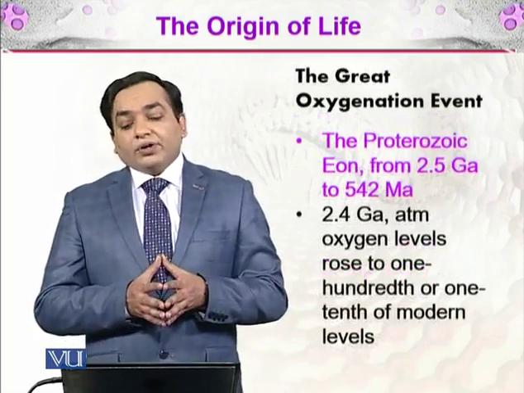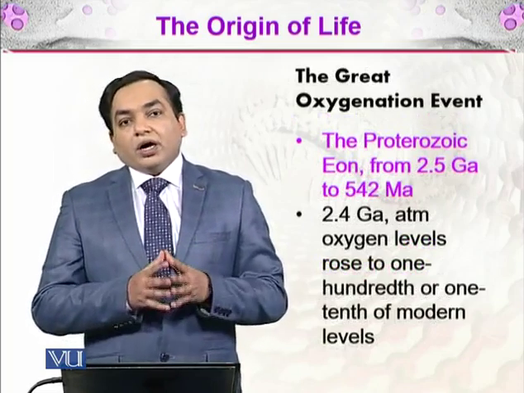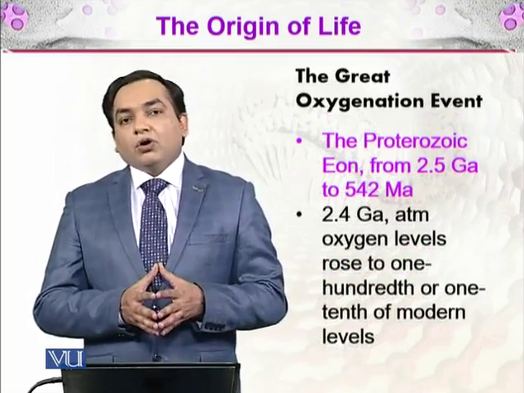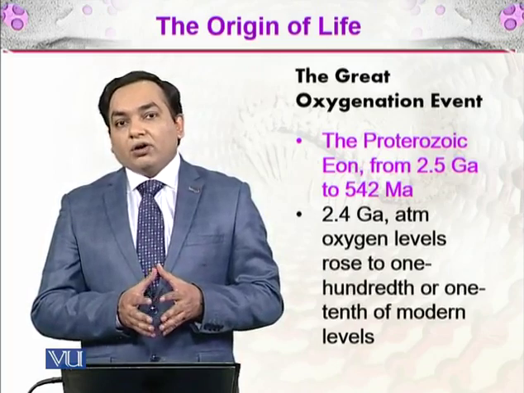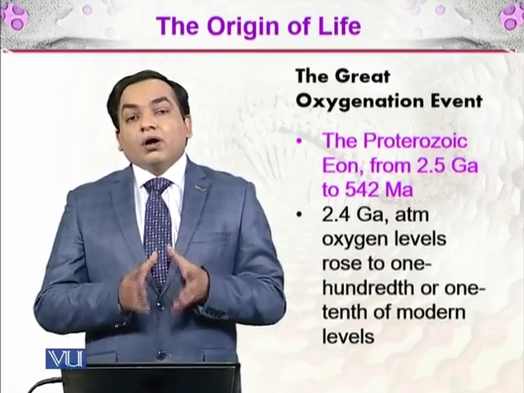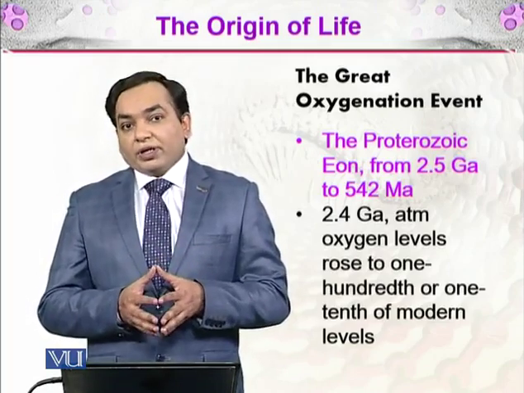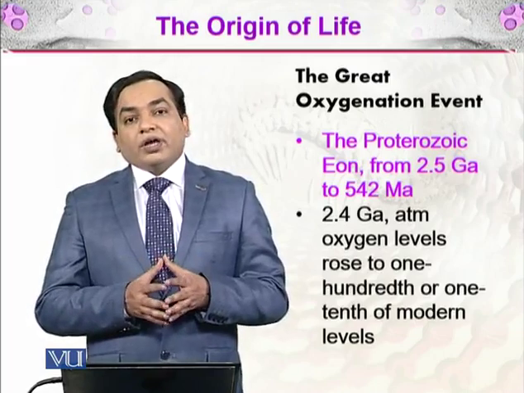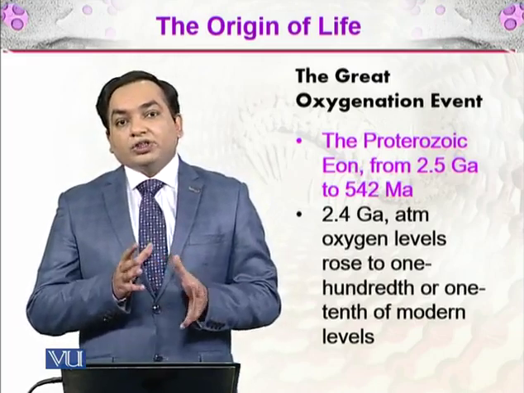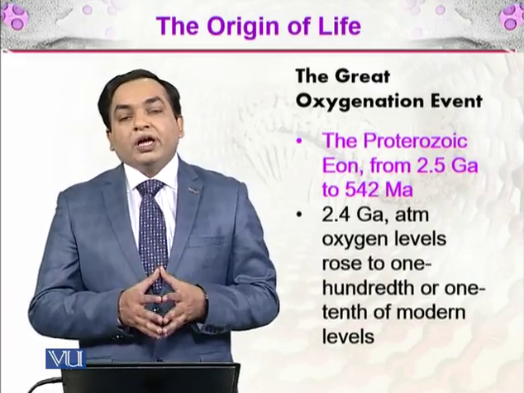And after that, there is the great oxygenation event. In the earlier eons, Hadean and Archean, there were intense volcanic eruptions, and the atmosphere had much more carbon dioxide. But after that, there was a shift from carbon dioxide to oxygen in the atmosphere.